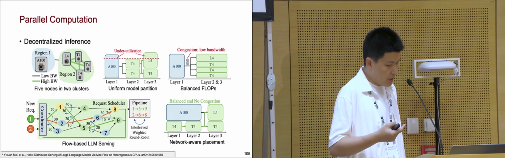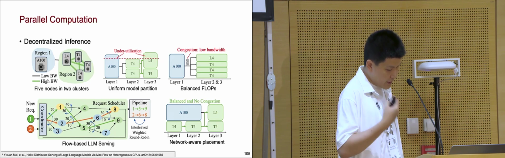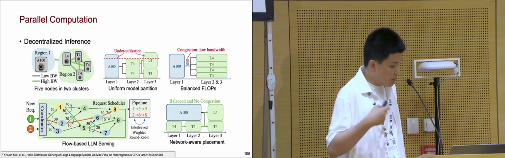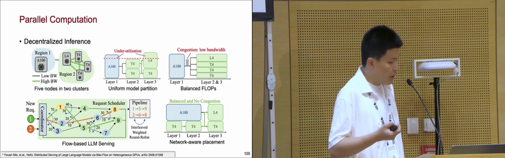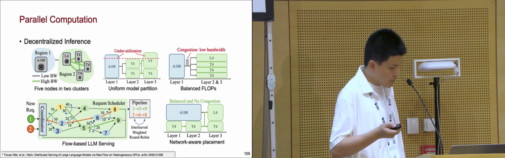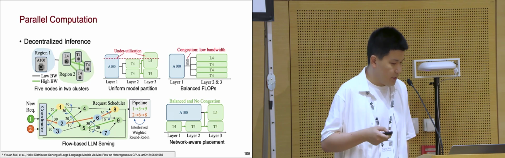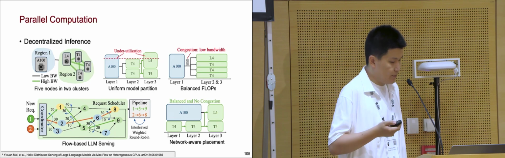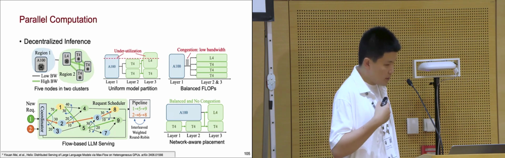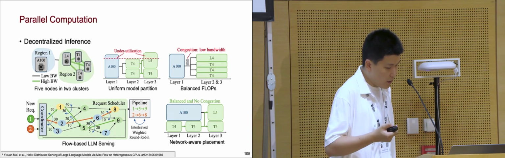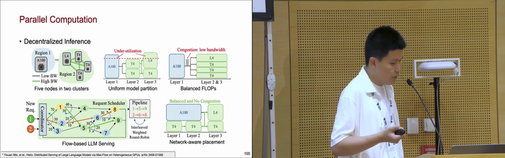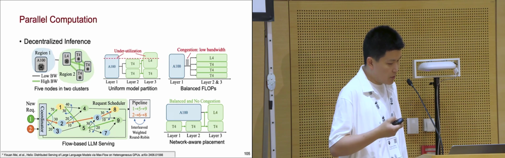Here, like Petals, which serves the Bloom 176 billion model using the collaborated community GPUs over the internet. But actually, decentralized inference is very challenging, and somehow it unlocks the overlooked consumer-level GPUs to run large models.